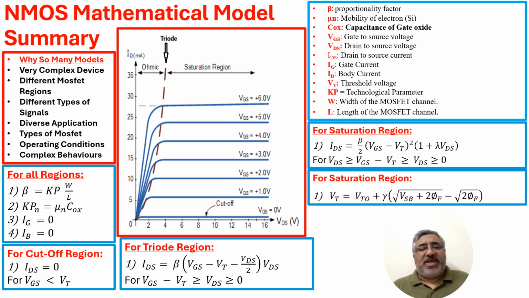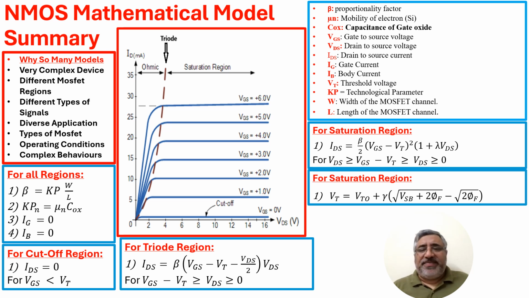Now we discuss the saturation region of the MOSFET. In the saturation region, IDS is equal to beta over 2 times (VGS minus VT) squared times (1 plus lambda VDS), where lambda is basically 1 over the Early voltage, and the factor 1 plus lambda VDS accounts for the channel length modulation, which slightly increases the current as VDS rises.